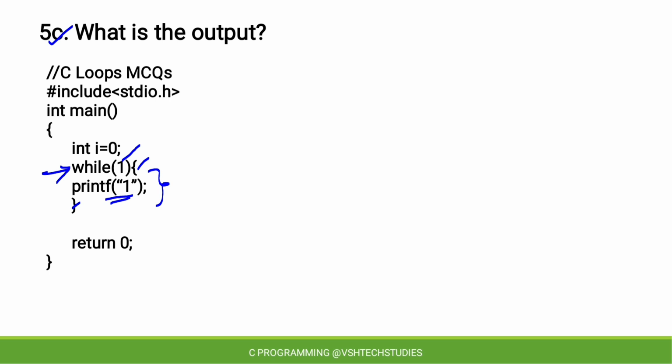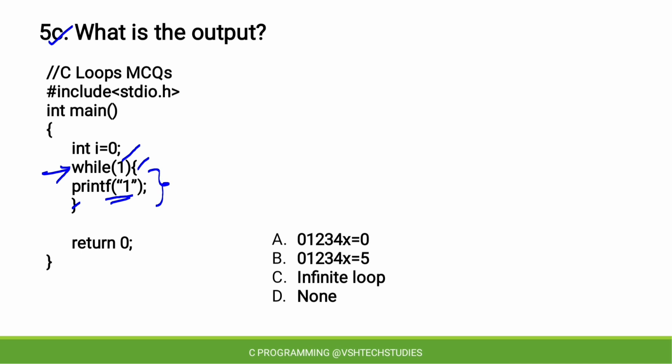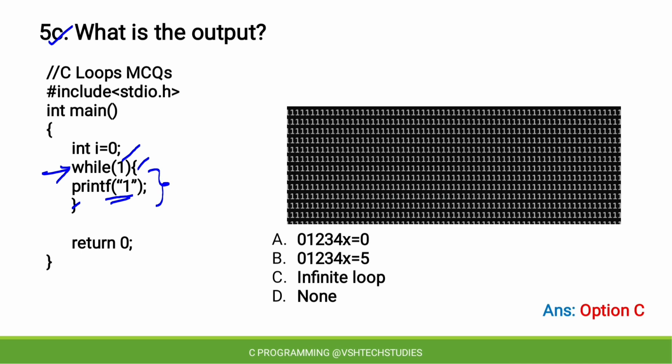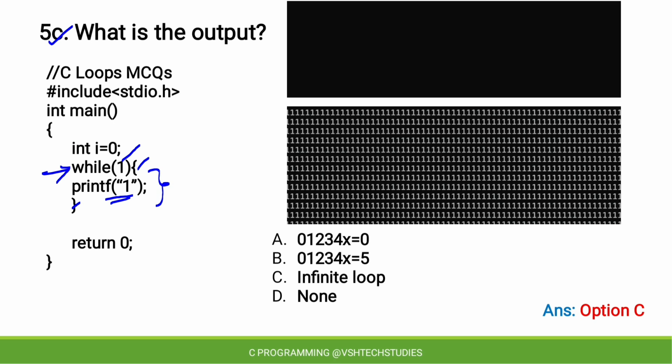That is what we call an infinite loop. If multiple choices are given, option C is correct. When you execute this program, continuous printing of 1 on the monitor we can observe. If that printf statement is not there, a blank screen we can observe. So the important point is, as far as loops are concerned, we must avoid infinite loops.